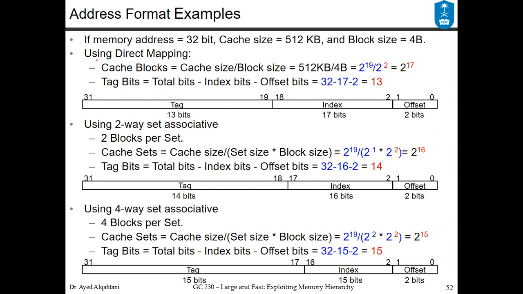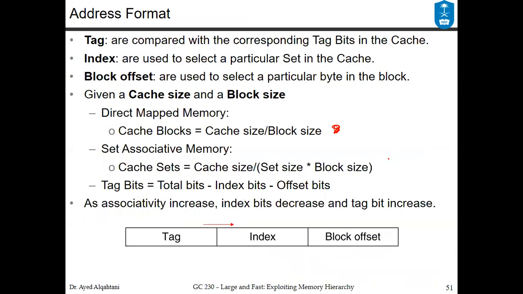Now, we know that the direct mapped cache is one-way set associative. Moving to two-way set associative, you will have 2 blocks for every set, or 2 locations for every set. And using the cache set formula, you actually can use this formula for all the cache types, knowing that the direct mapped cache set size is equal to 1.